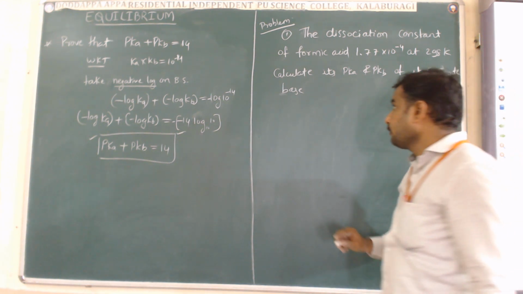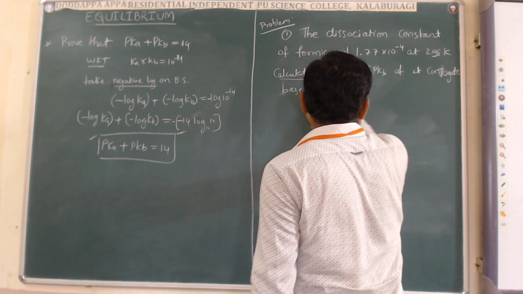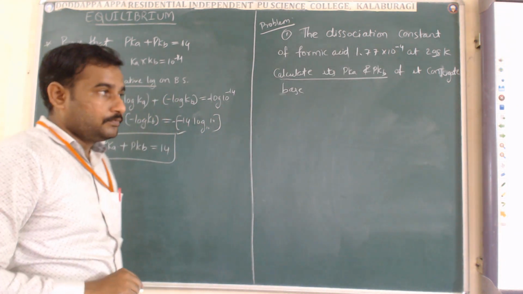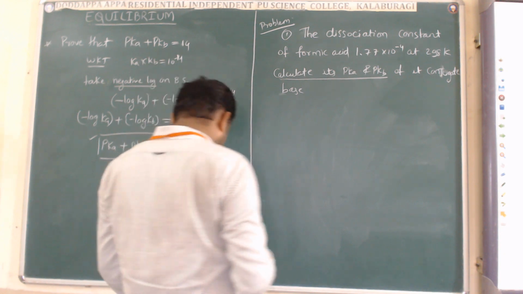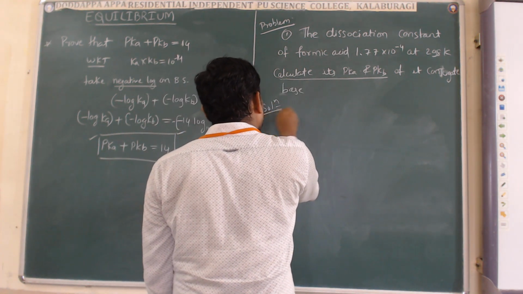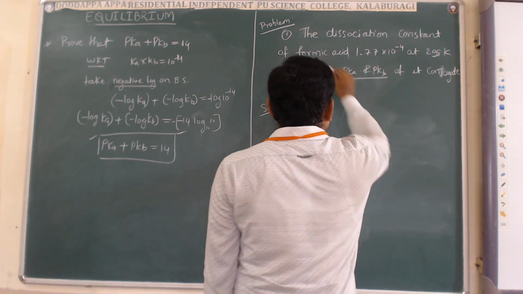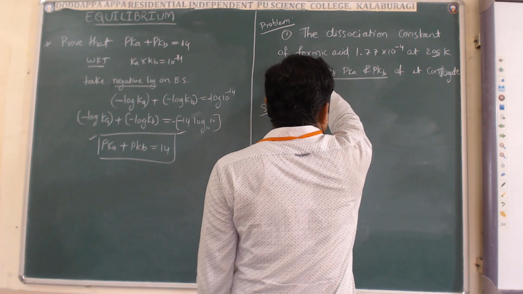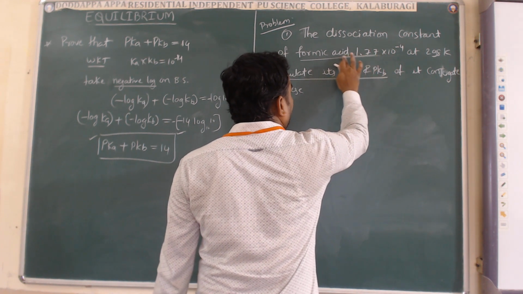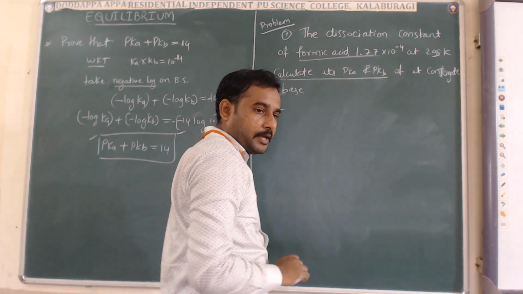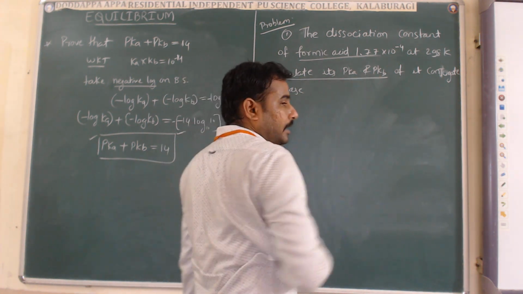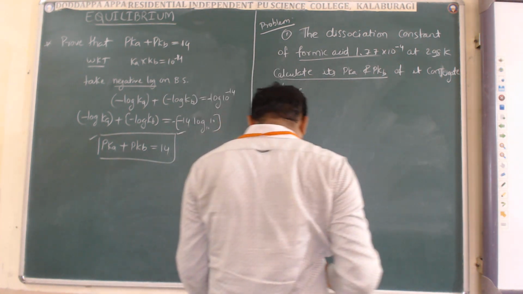Then you have to calculate the pKa and pKb. We know the formula, so then you have to write the solution. In the question they have given the dissociation constant of a weak acid as 1.77 into 10 raised to minus 4, and they are telling us to calculate pKa and pKb. Next we write the solution.